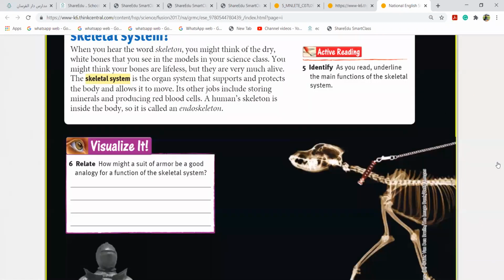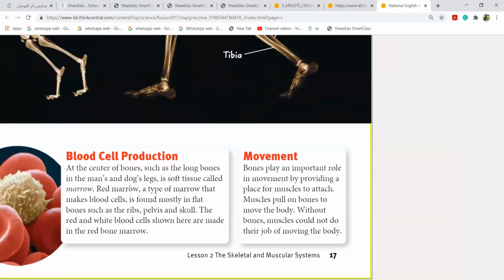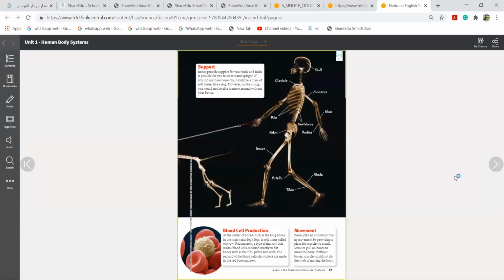At the center of the bone, especially long bones, like our legs, you have a tissue called marrow, that is red marrow, or we call it bone marrow, that is responsible to make blood cells. And mostly flat bones like ribs, pelvis, and skull have those. The red and white blood cells are made in the red marrow.